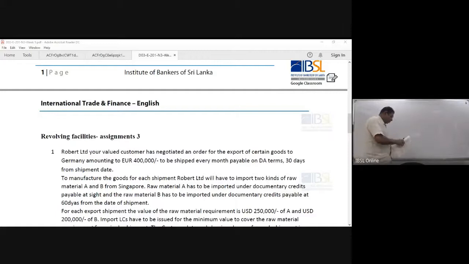So the value of the document is 50,000 euros. And the exchange rate is given as 157.40 per euro. So you have to assume that is understood, right? You have to assume that is the 60-day rate, 157.40.